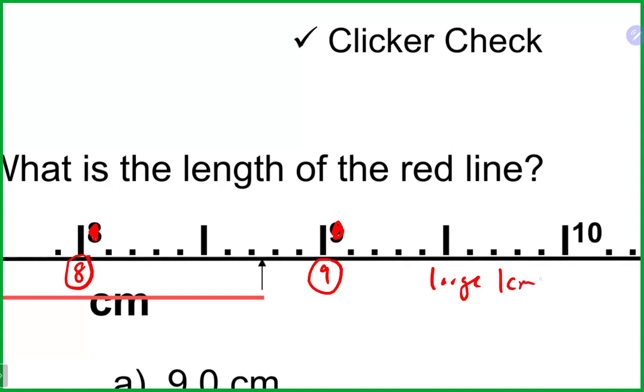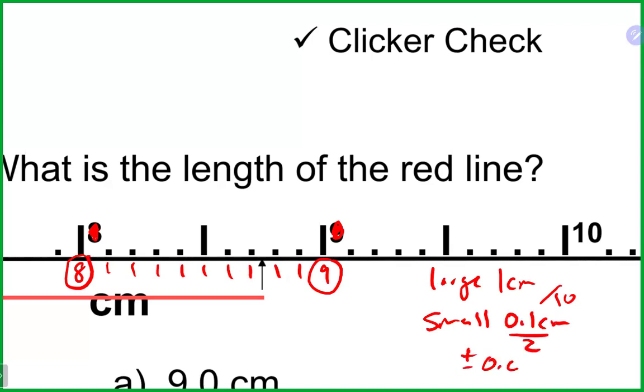So again, our 1 centimeter, we should have a similar deal. I think 1, 2, 3, 4, 5, 6, 7, 8, 9, 10. So we do have 10 small markings giving us our 0.1 centimeter. Once again, we can divide that by 2 right off the bat if we're confident on that. And that will tell us that we do need to take it to 2 decimal places for sure.